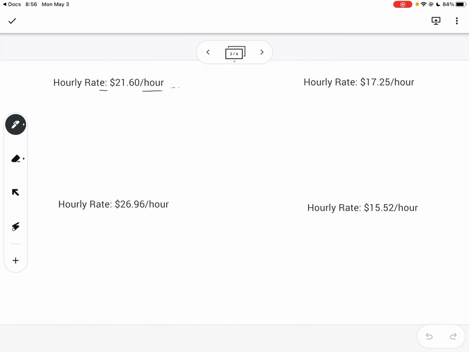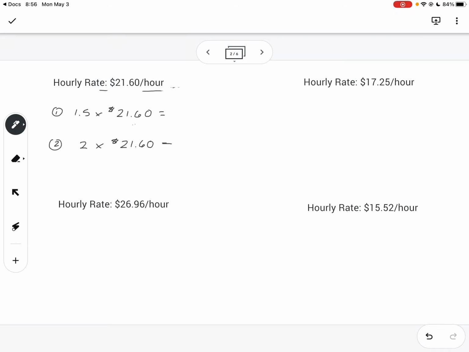So for $21.60 per hour, our first one is going to be 1.5 times that hourly rate. That would be your time and a half. And then 2 times is going to be your double time rate.